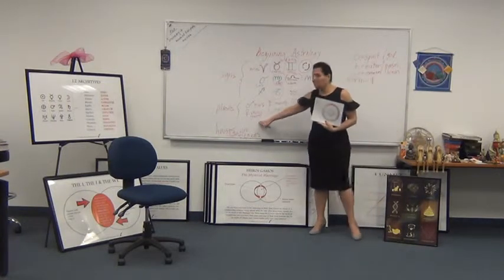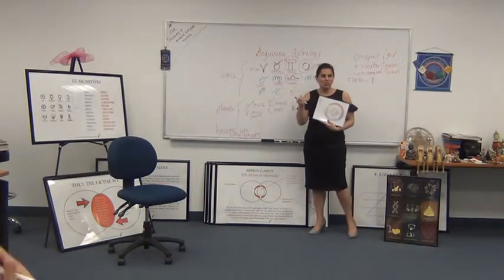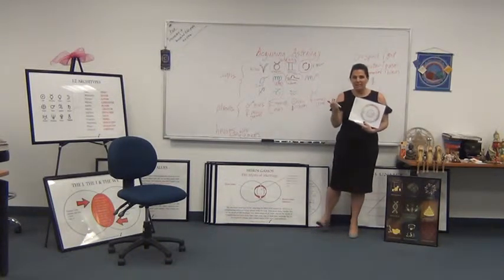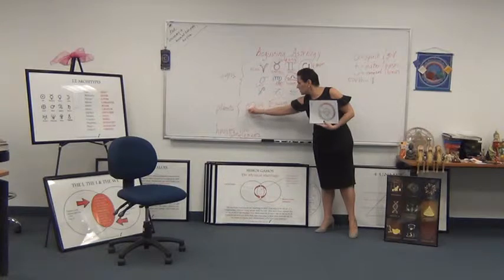The Taurus Venus has to do with the material. Anything that has to do with Venus has to do with money, with material goods. It's the circle of spirit over the cross of matter.